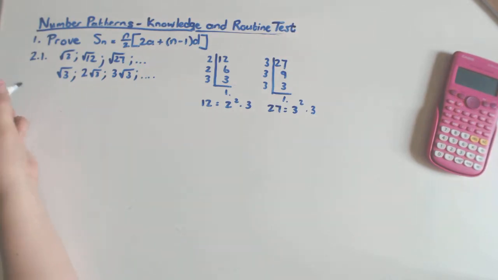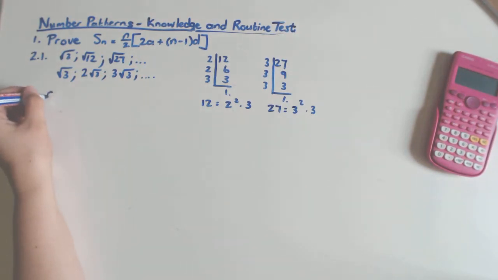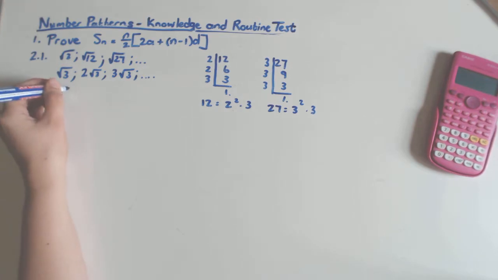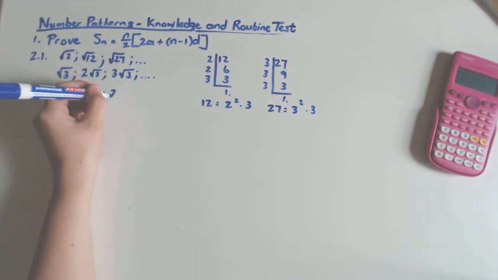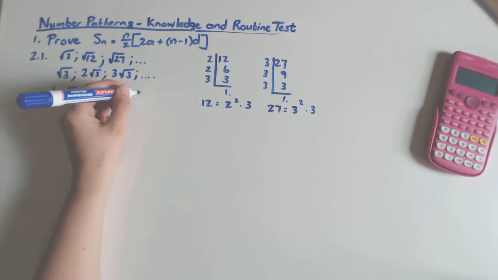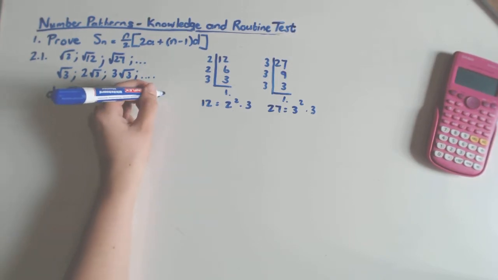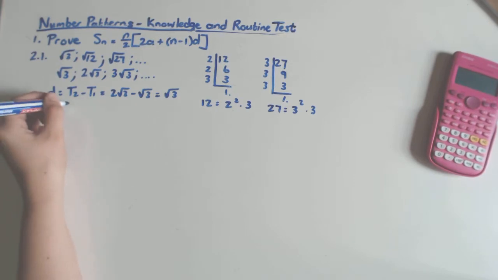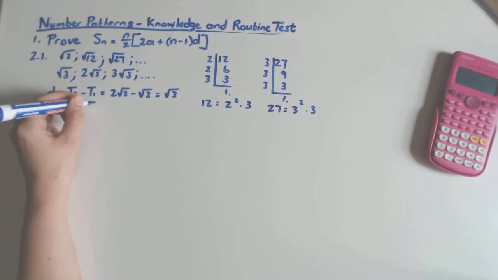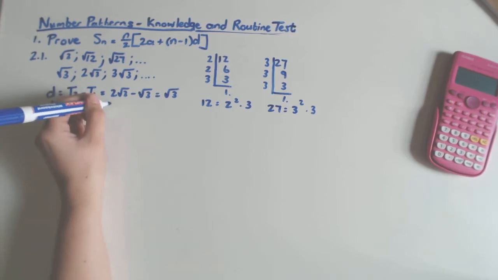But I can just, for the sake of it, go and write down d is term 2 minus term 1, which is 2 root 3 minus root 3, and that gives me root 3. Or d is also term 3 minus term 2.